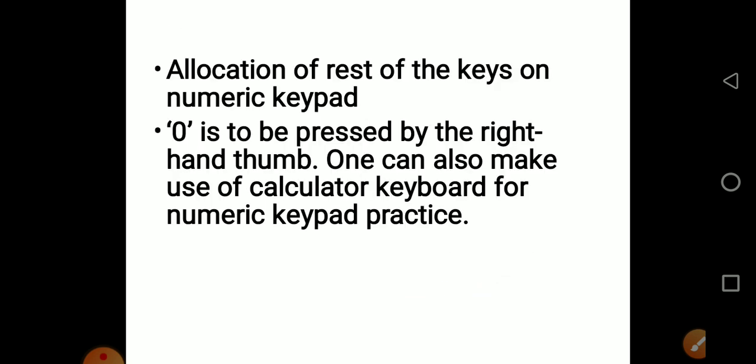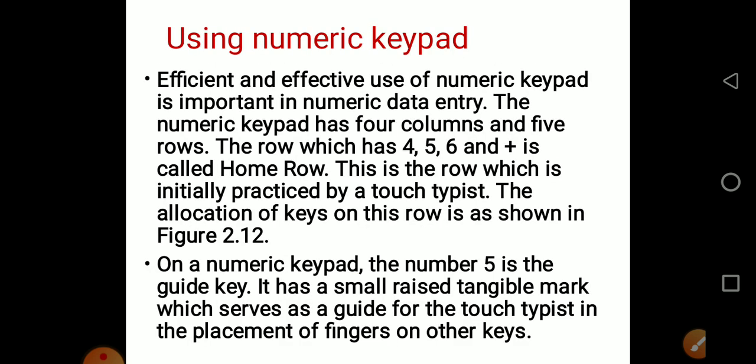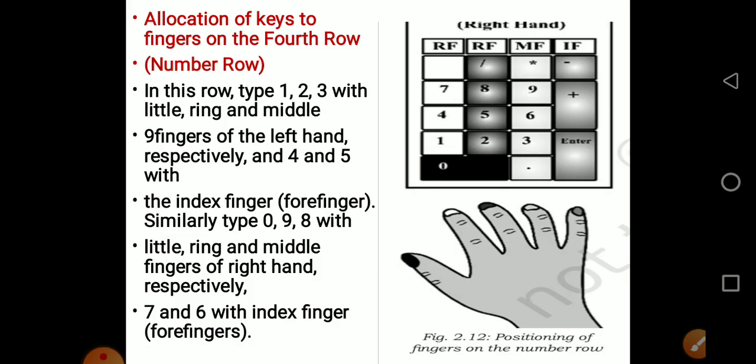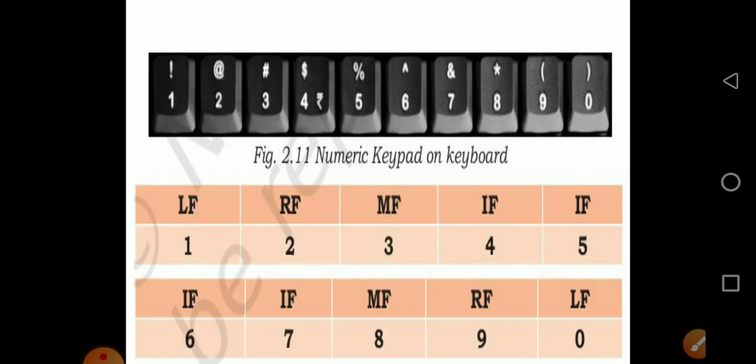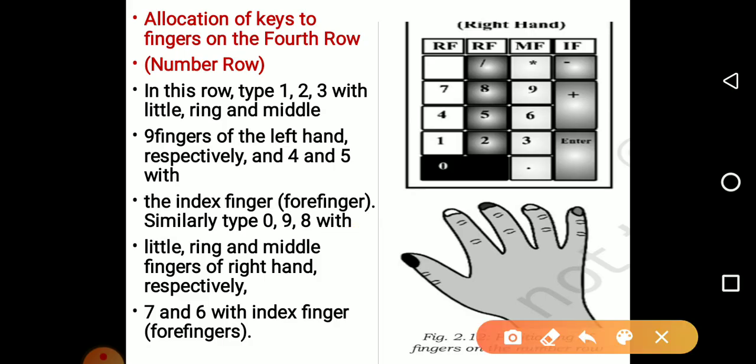Using the numeric keypad. Efficient and effective use of the numeric keypad is important in numeric data entry. The numeric keypad has 4 columns and 5 rows. How many columns? Look at the numeric keypad here: 1, 2, 3, 4 columns and 5 rows.